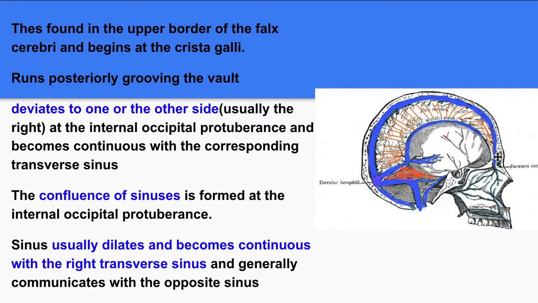It runs posteriorly, grooving the vault of the skull, and deviates to one or the other side, usually the right, at the internal occipital protuberance, where the confluence of sinuses is formed. Okay, so it runs posteriorly, grooving the vault of the skull towards the confluence of sinuses at the internal occipital protuberance, and usually continues as the right transverse sinus.